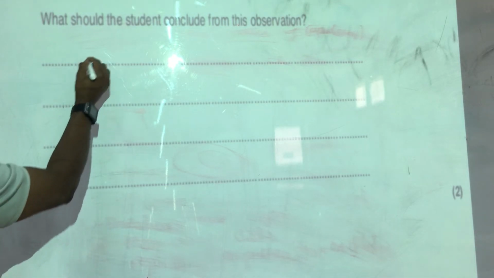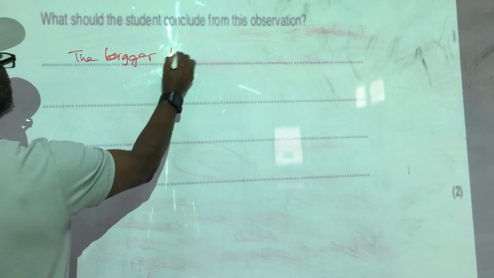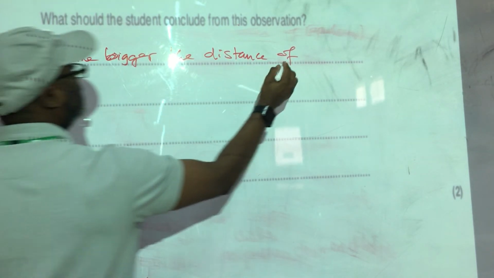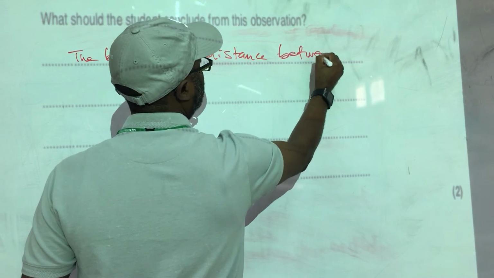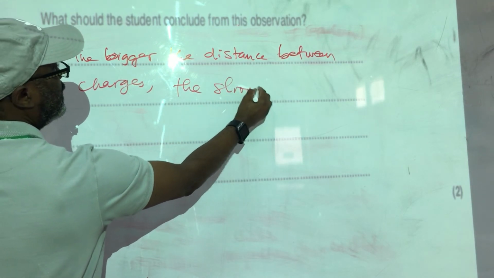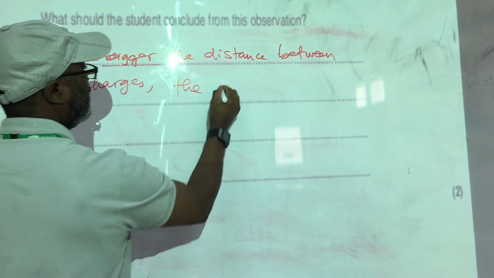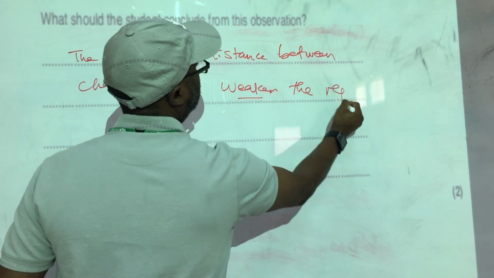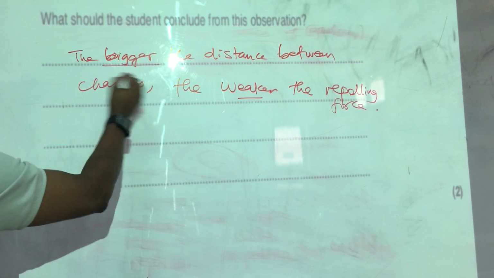So we can then conclude that the bigger the distance of separation, or the distance between the charges, the weaker the repelling force, and vice versa.